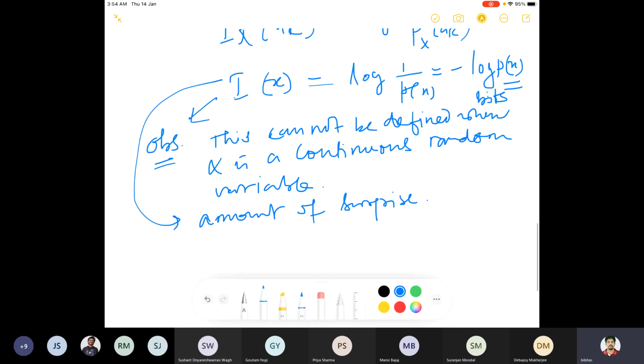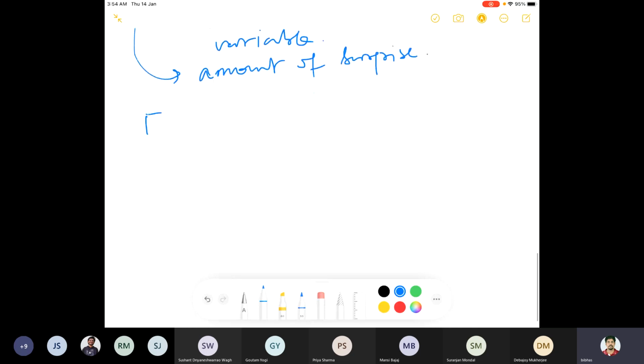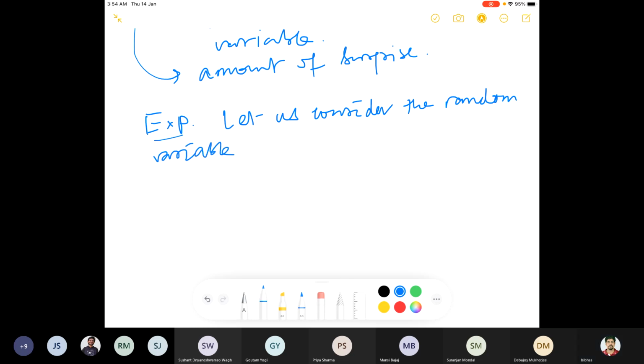So let us consider this as my example. Let us consider an information source, the random variable x, whose sample space is just {0,1}^n.